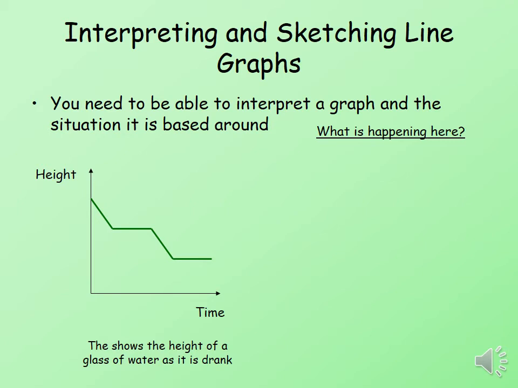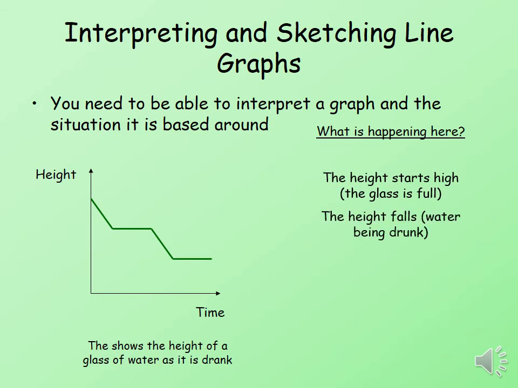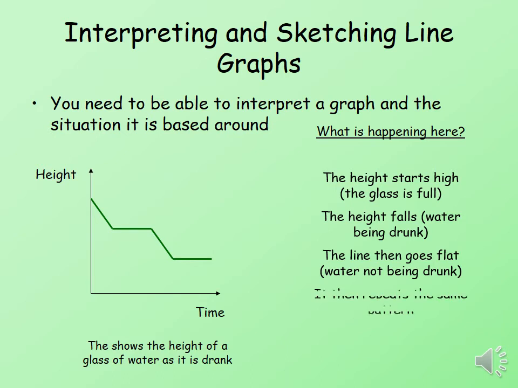Okay, so this would be my thought process. The height starts high because the glass is full of water. The height falls as it is being drunk. The line then goes flat, so the person has decided to take a break.